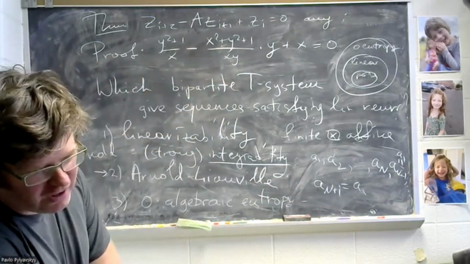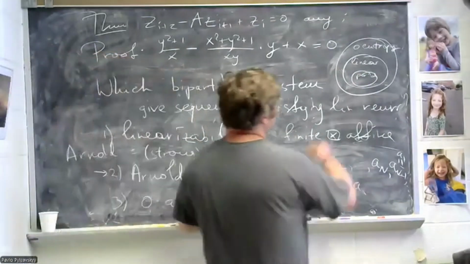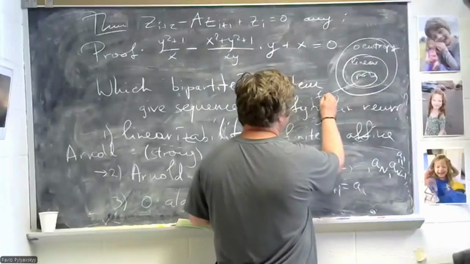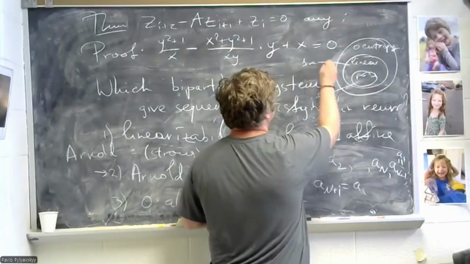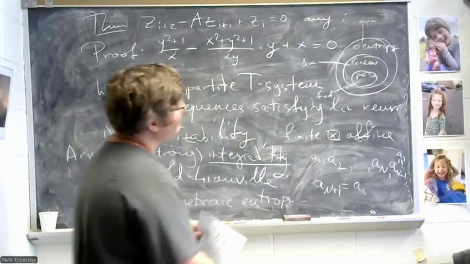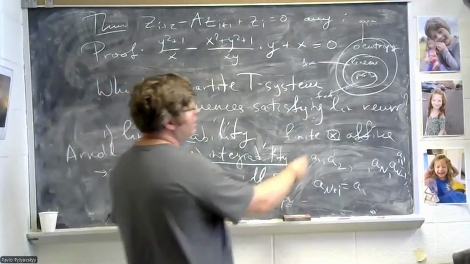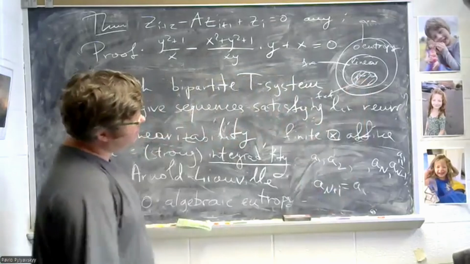So it's a hierarchy. Those are finite times finite Dynkin diagrams, those are finite times affine, and those are affine times affine. But again, we fully understand only this one. Only in this case can we prove an if-and-only-if statement.